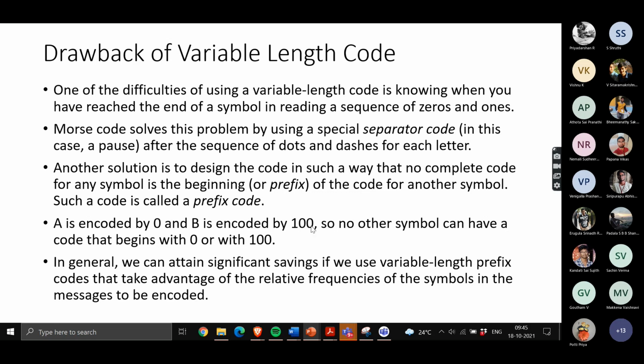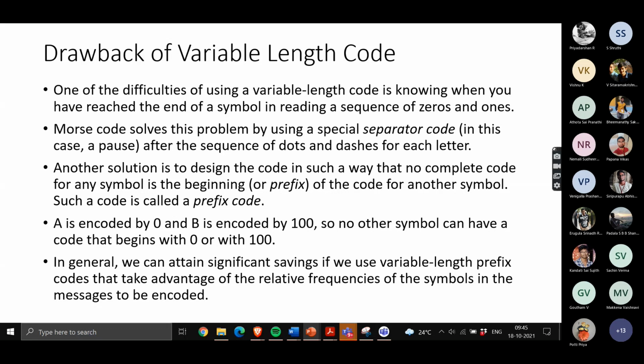By creating some prefix pattern, the destination can understand where the symbol starts and where it ends. So if any symbol starts with a 0, it is A. While reading the binary string, if you find the pattern 100, it is the start of B. These prefixes are not used for any other symbol.